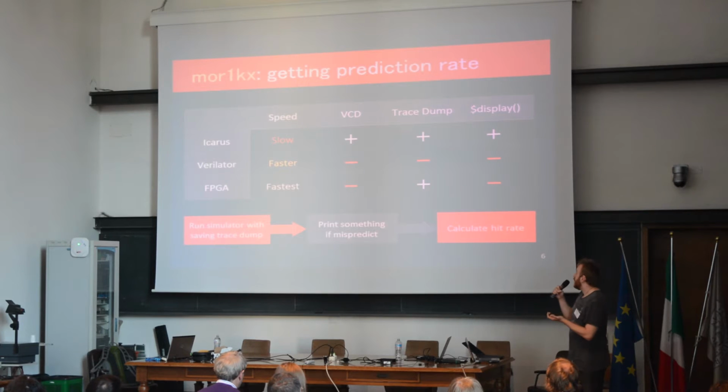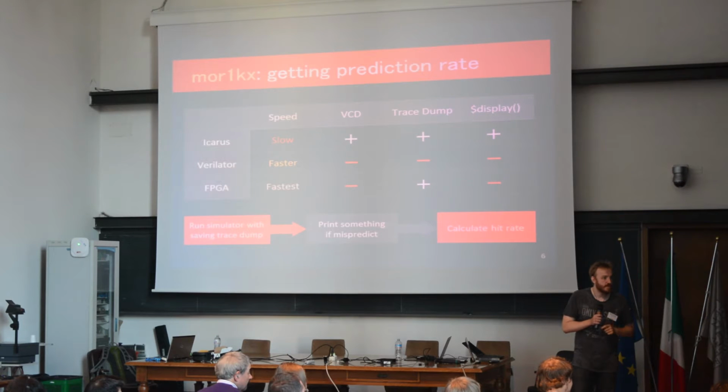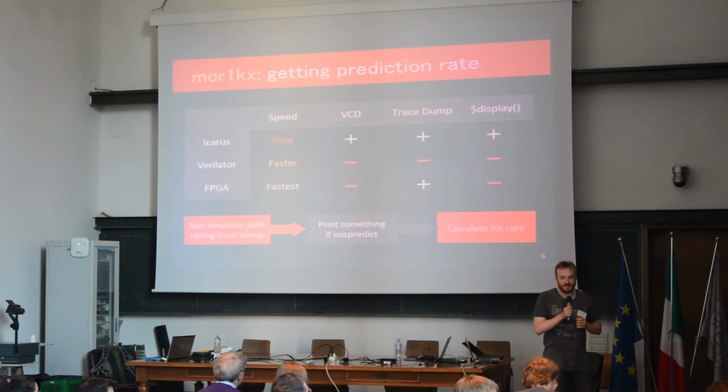I think Verilator does allow you to dump signals. I'm pretty sure I've done that before. Yeah, okay. I think it's not supported in FuseSoC. All right, I'd believe that.